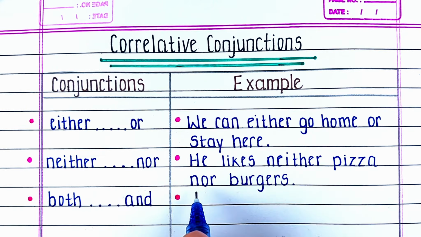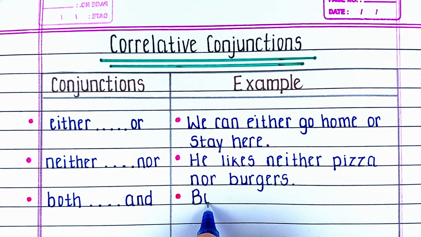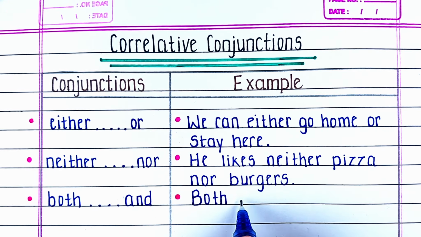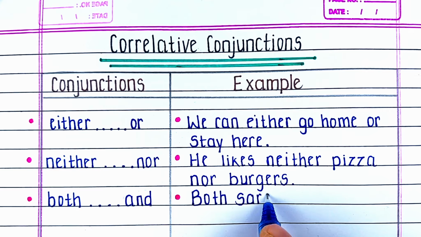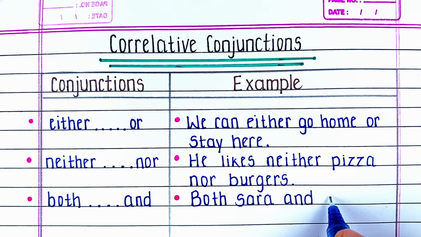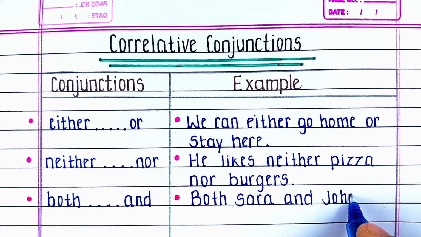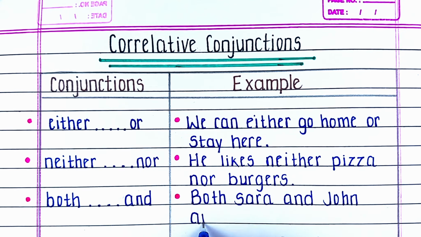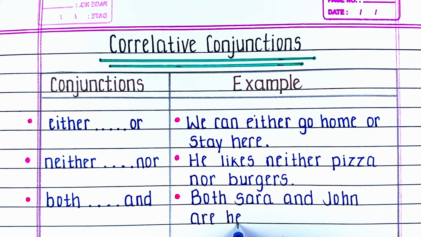Next, both and. Example: Both Sarah and John are here.